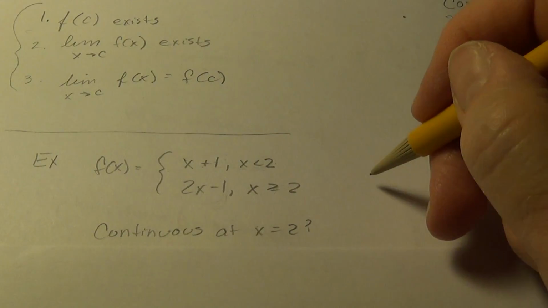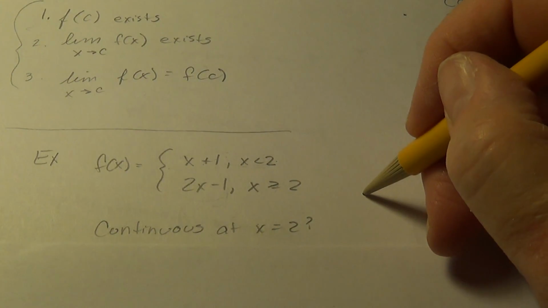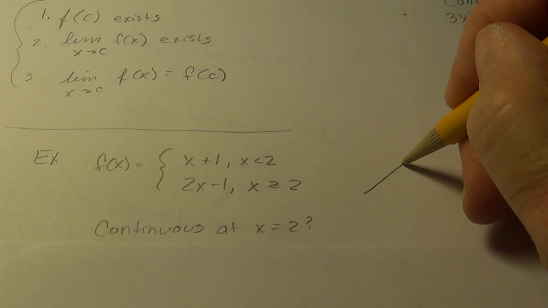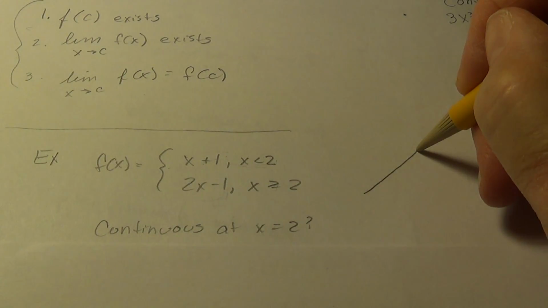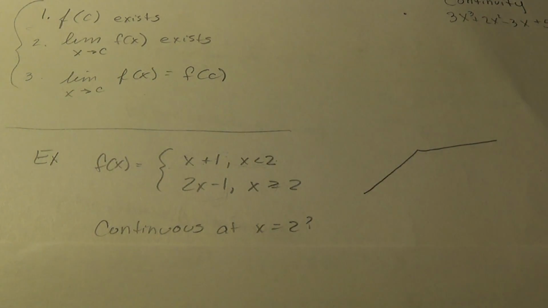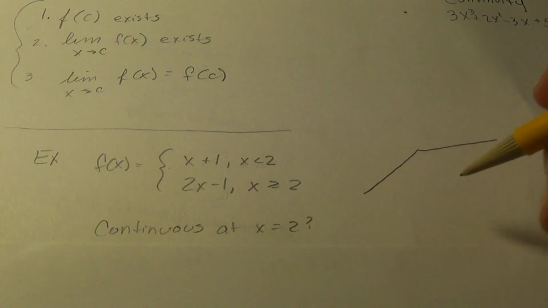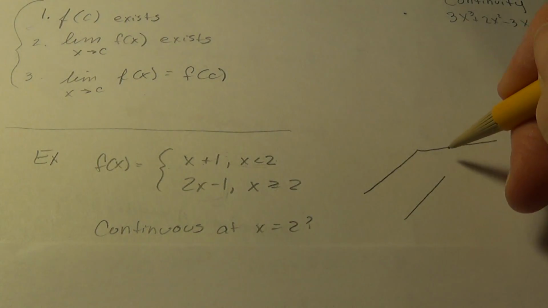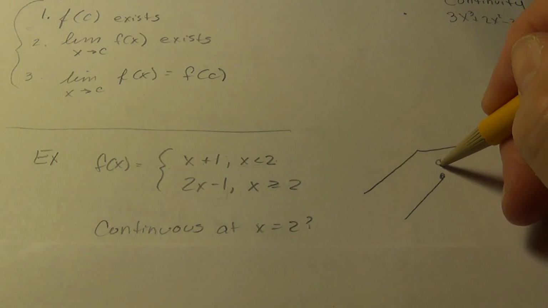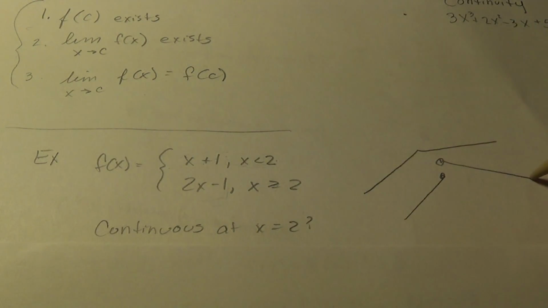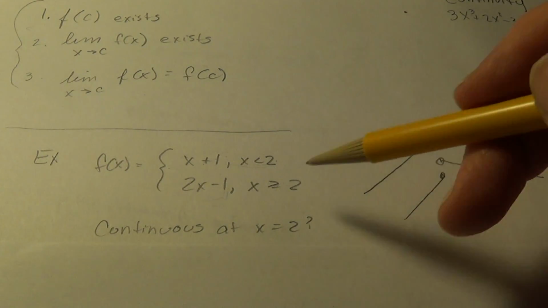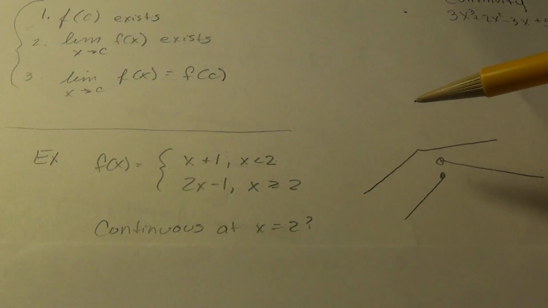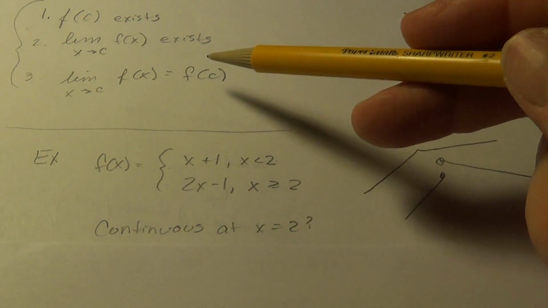So when it's piecewise, I'm not sure what this one looks like, but it might go like this and then stay connected and bend and go another way. That's continuous. Or it might go like this, stop here, and then jump up here and go like that. Then it's not. So without looking at the graph, we can tell by answering the three questions.